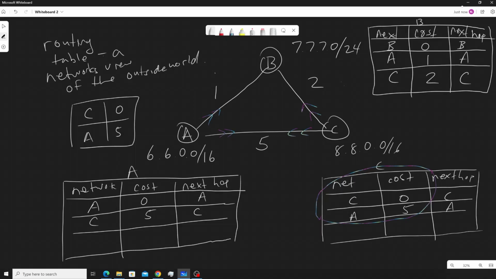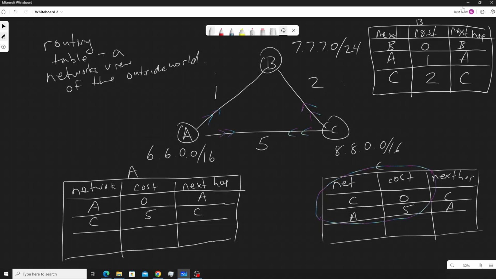Okay, so that's going to be 2 plus 5, it's going to be 7. So it's going to be A 7 through C. Now, of course, we have a much cheaper path over here, and there's no point in using this path that costs 7 when there's a path that costs 1. So again, we ignore this path, we throw it out. Okay, so we're done with this one.